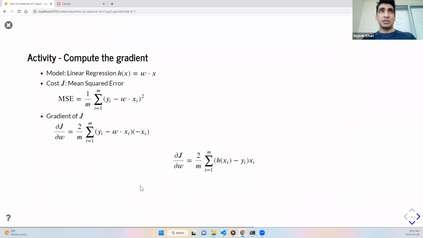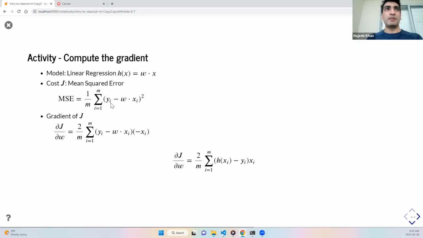Okay, so now we mentioned that the cost function, or the objective function, is a function of the data set and the model that we have, and then we need to compute the gradient in order to learn the best model.